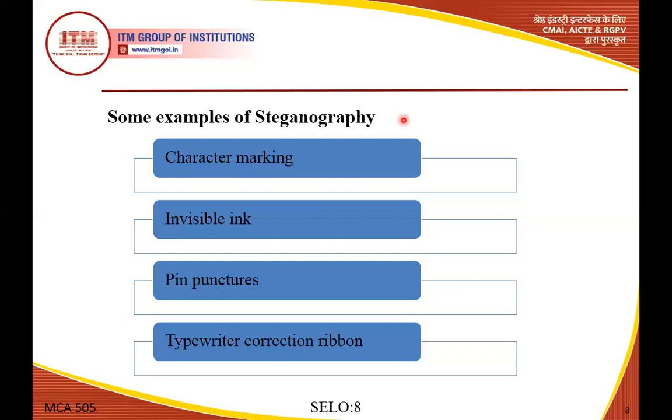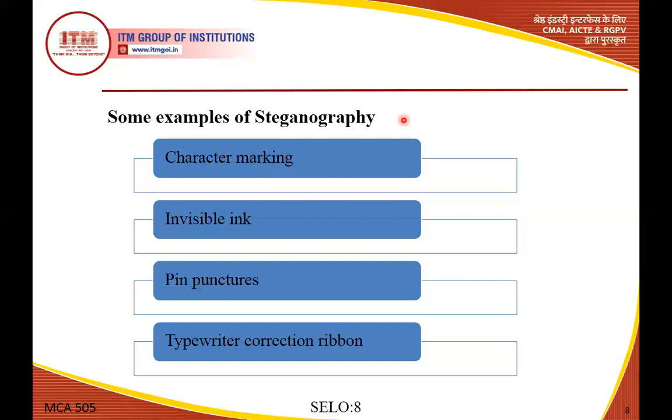So in this, we just use a different type of ribbon for the typewriters, so that no one can easily see what is typed here, and it is only seen under strong light.